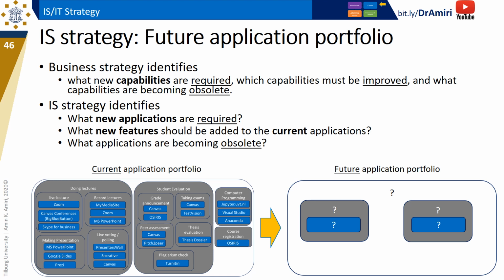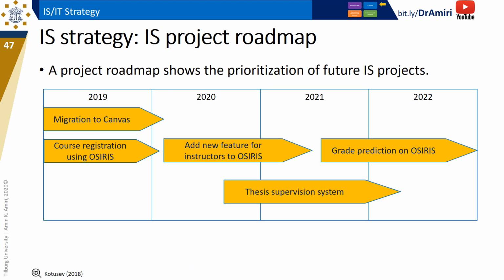We need to create a future application portfolio for 2025. And we do that by identifying the capabilities that are required and the business applications that are required to support those business capabilities. An IS strategy document requires to show the project roadmap as well.